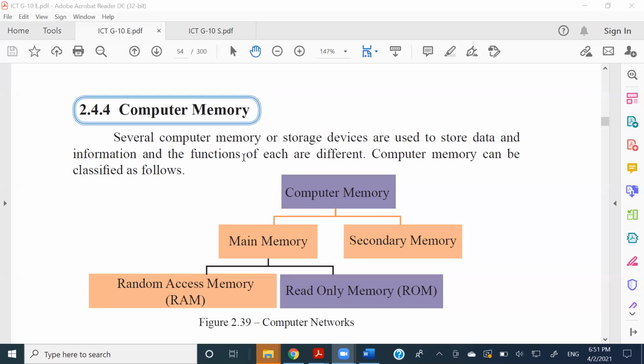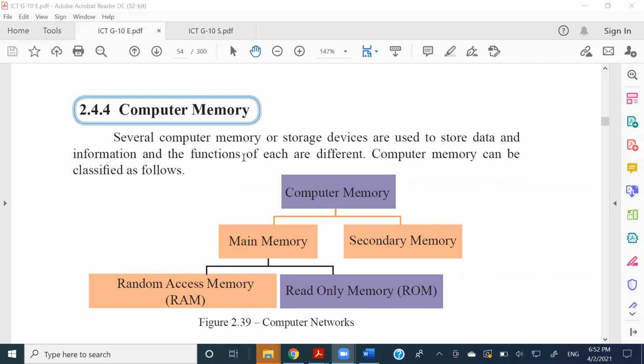So keeping it in a temporary manner, right? On this aspect, the permanent memory devices we call non-volatile memories, and the temporary ones we address as volatile memory.